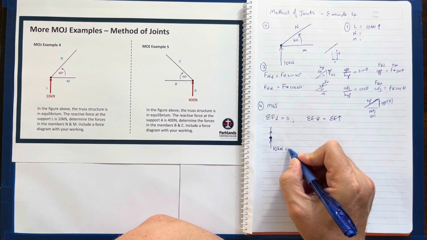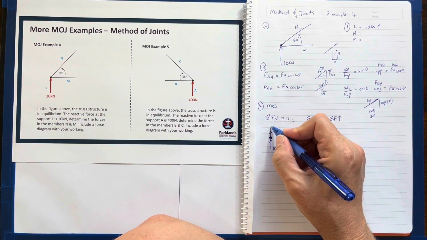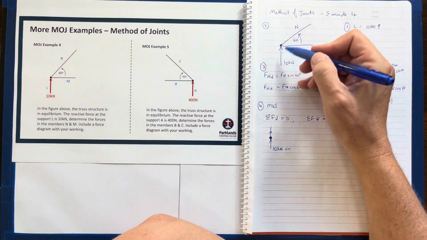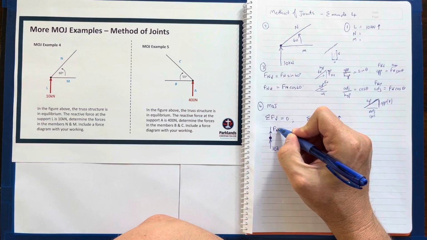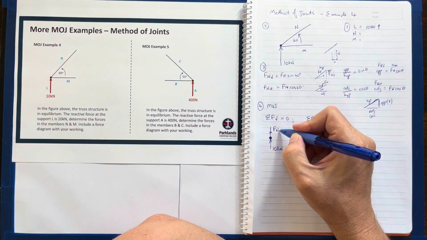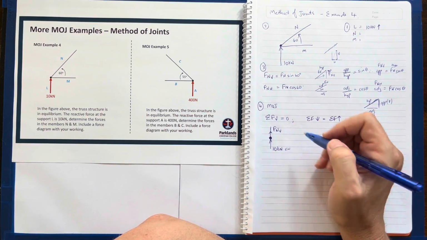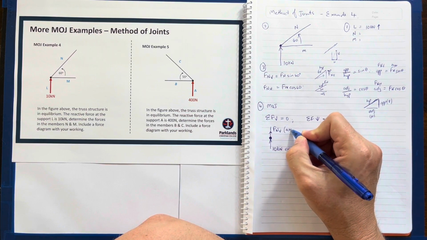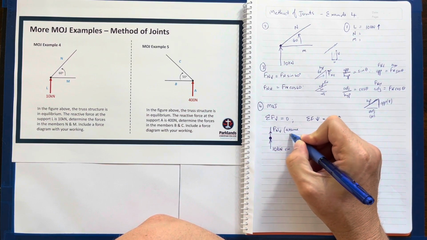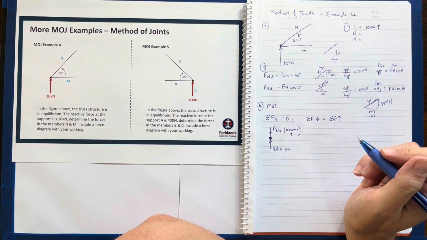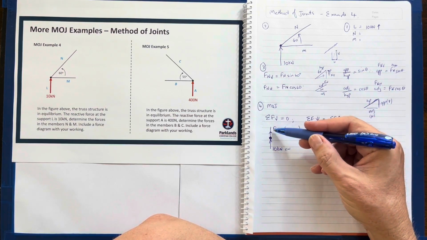Here's my external force, but my internal force of this member, my force of N vertical, I assume is in tension. Both of my forces are going upwards.